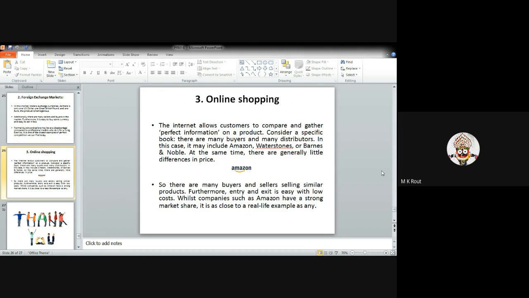If you see the scenario of copyright production, especially with reference to countries like Bangladesh and Sri Lanka, they are providing various copyright products, especially with reference to book publishers.